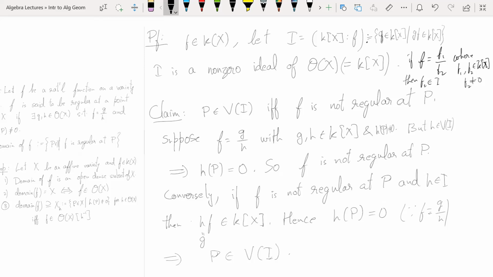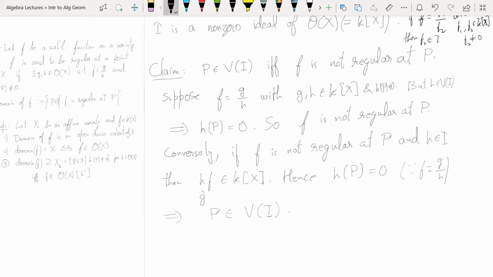Hence we'll conclude that the domain of f is a non-empty open subset of X. So this claim implies one, since I not equal to 0 implies V(I) is a closed subset of X and a proper closed subset of X.